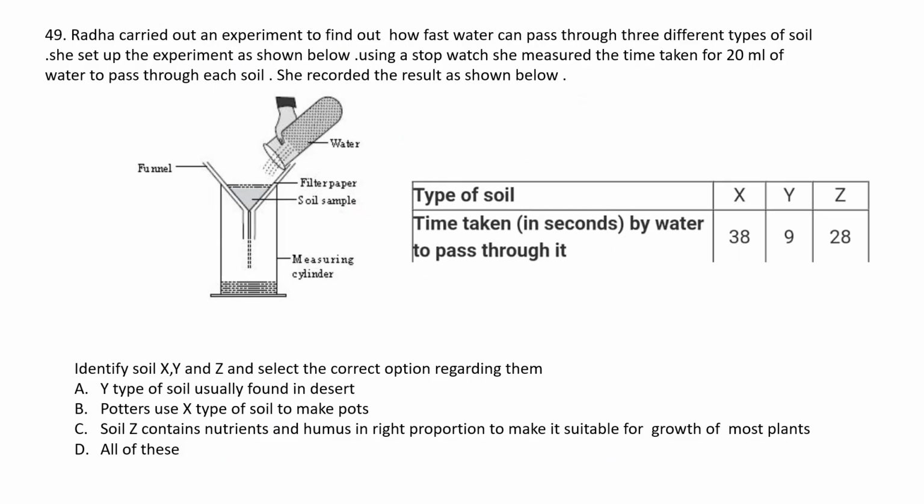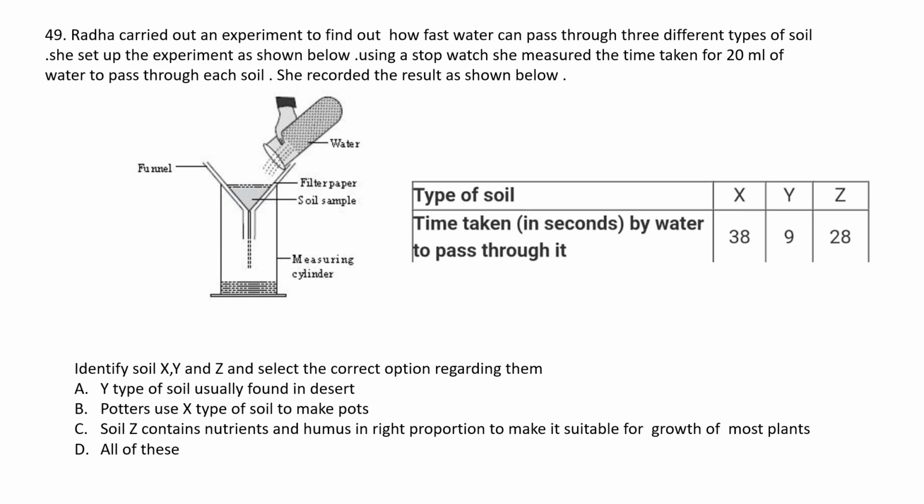Question number 49. Radha carried out an experiment to find out how fast water can pass through three different types of soil. She set up the experiment as shown below. Using the stopwatch, she measured the time taken for 20 ml of water to pass through each soil. She recorded the result as shown below. Identify soil X, Y and Z and select the correct option regarding them.